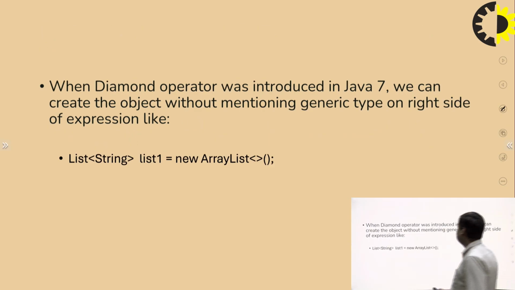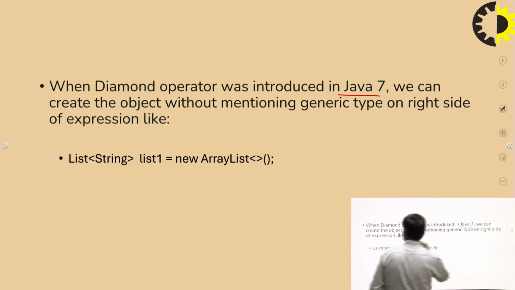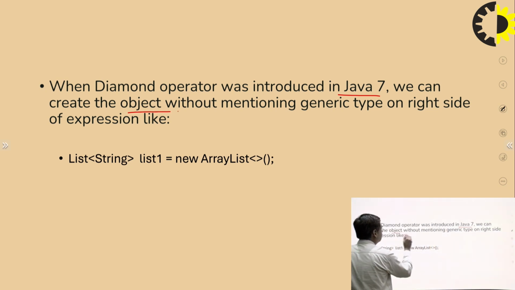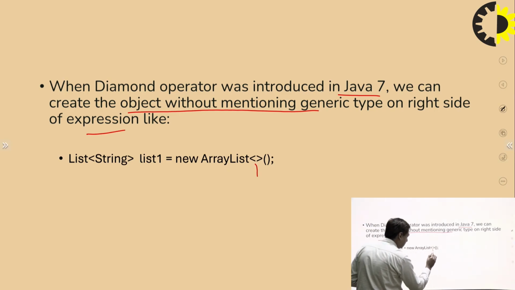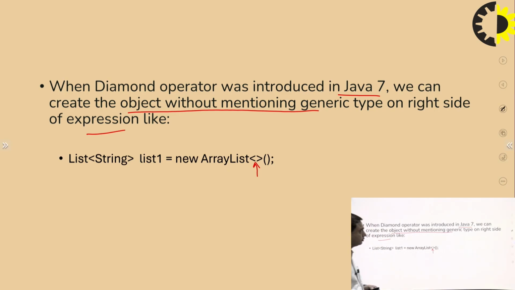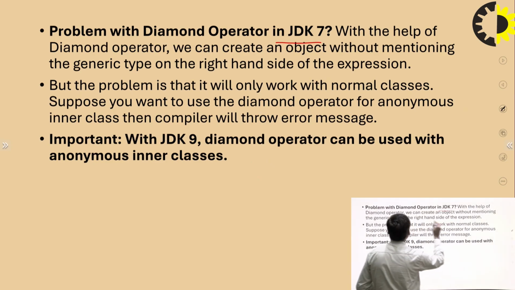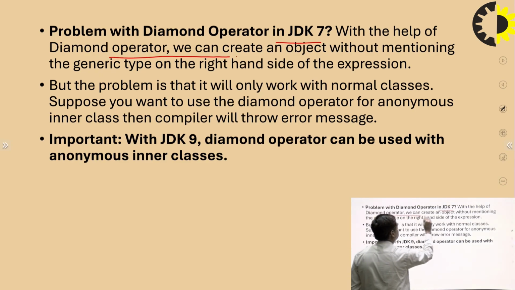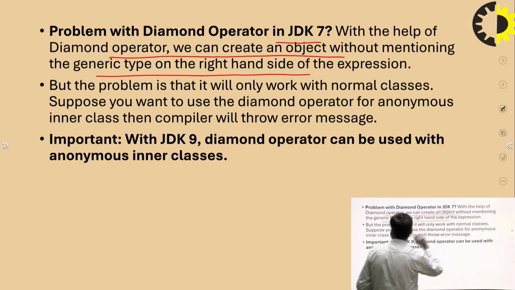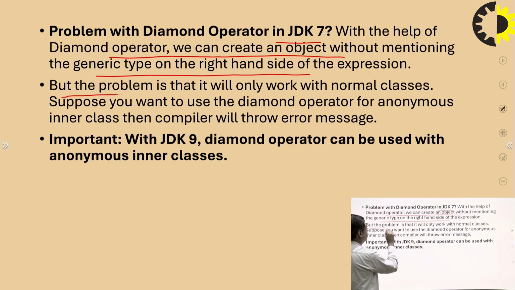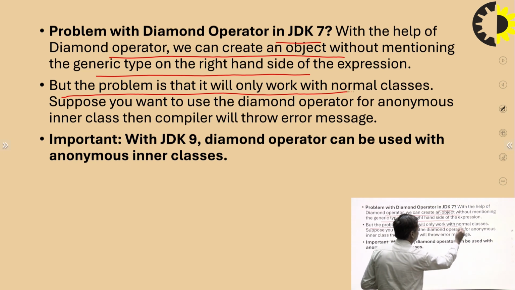When the diamond operator was introduced in Java 7, we could create the object without mentioning the generic type on the right side. That was possible without anonymous inner classes in Java 7. The problem with the diamond operator in JDK 7 is that with its help we can create an object without mentioning the generic type on the right side of the expression, but it will only work with normal classes.